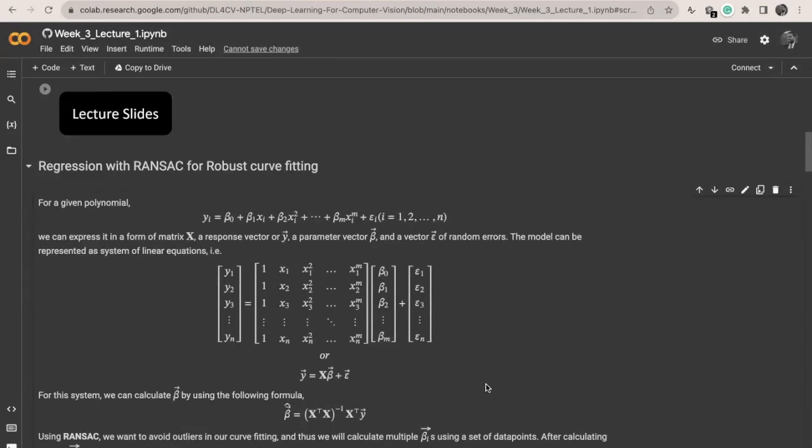If we do this iteration a fixed number of times, with a fixed number of epochs, we will come across a line which will be the best, and it will ignore all the outliers.